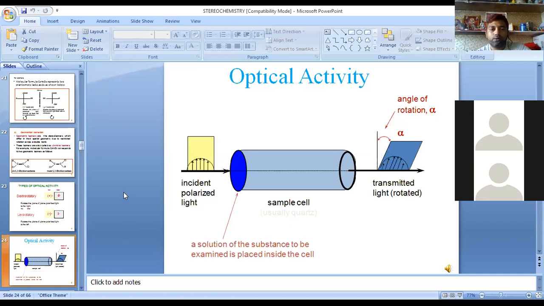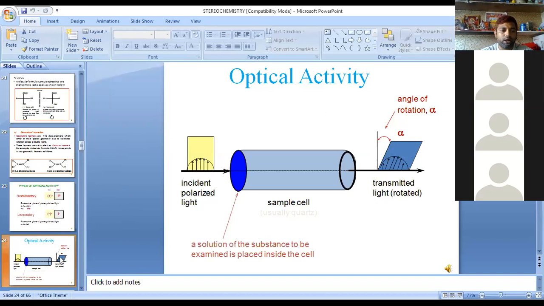Robin, Rose, Niharika, if you have any question, we can discuss. Optical activity we will discuss tomorrow.